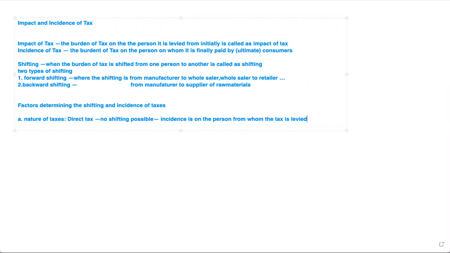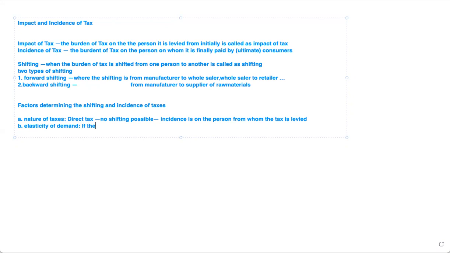So now next is going to be elasticity of demand. Okay, what is elasticity of demand? Think about it.